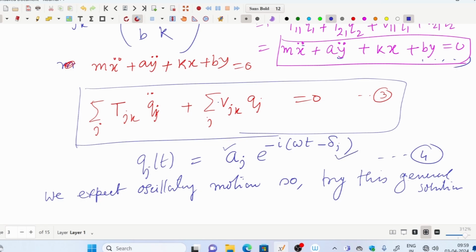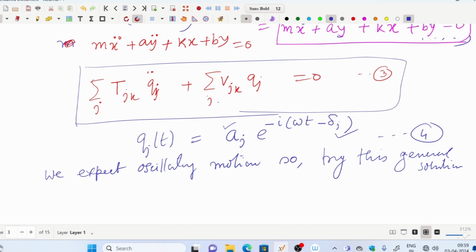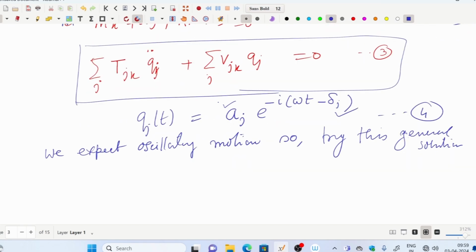A j is the amplitude of the oscillatory motion and delta j is the phase. Without any loss of generality, we can take this phase to be 0.